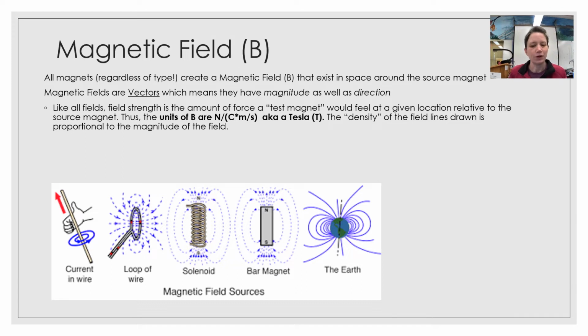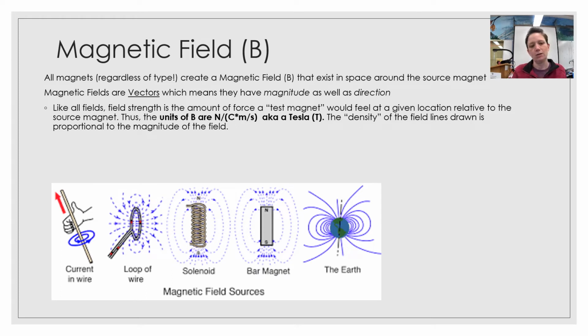If you remember the other fields we've covered in our class, the electric field and the gravitational field, you'll remember that in general, force fields are defined as the amount of force per some sort of fundamental thing, right? So gravitational field, g, is the force per kilogram of mass. Electric field is the force per coulomb of charge.